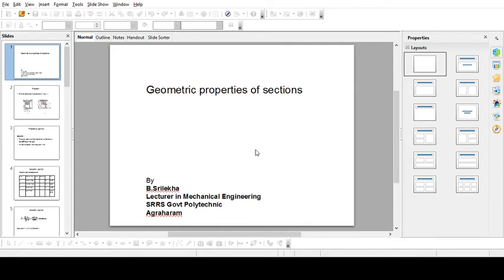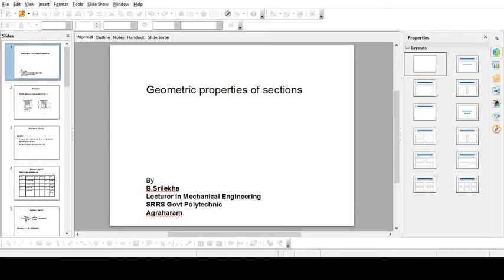Next, the area of this triangle is half BH, so half into 15 into 30, which is 225. Next, the area of this semicircle is pi r square by 2, so pi into 15 square by 2, which is 225 pi by 2.